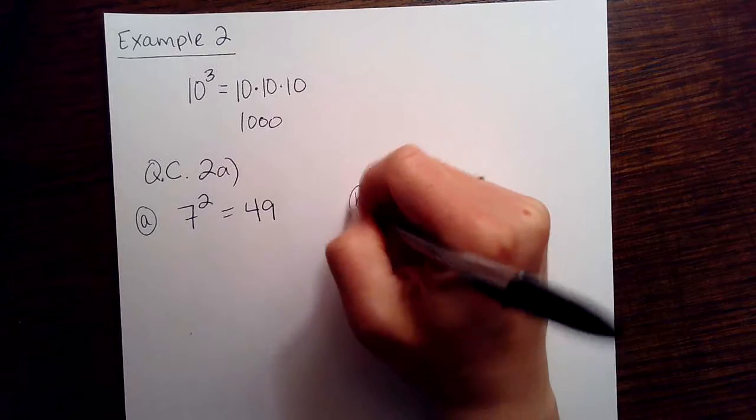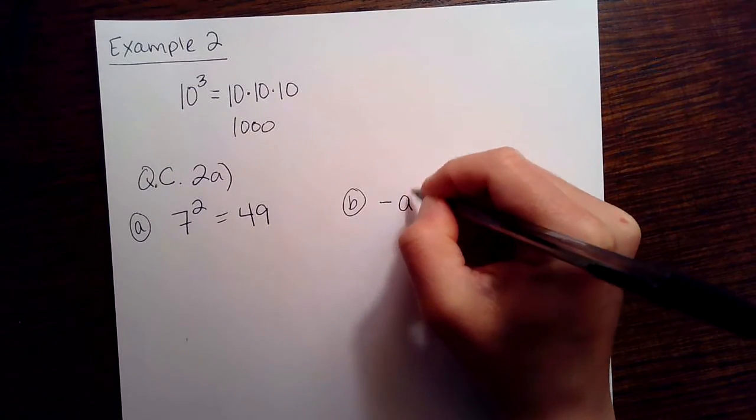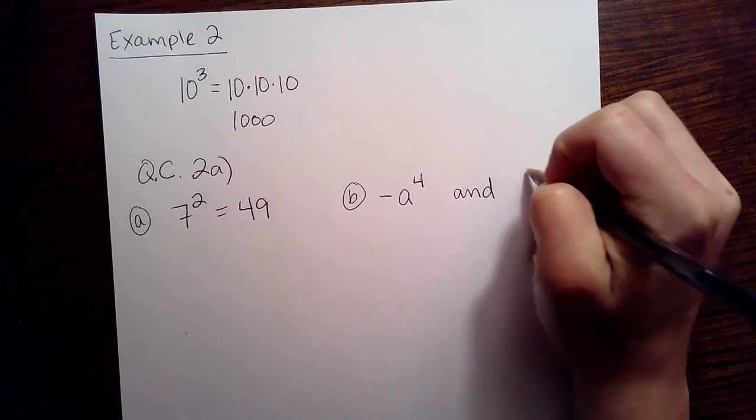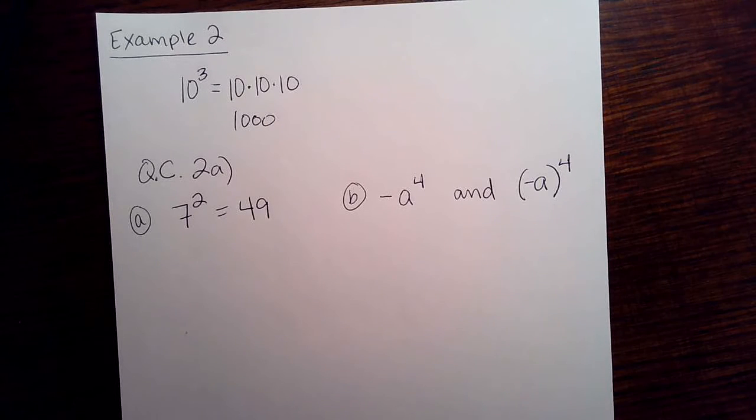And B says evaluate the opposite of a to the fourth and negative a to the fourth when a is 2. When we evaluate, that means we plug in a number and we simplify.